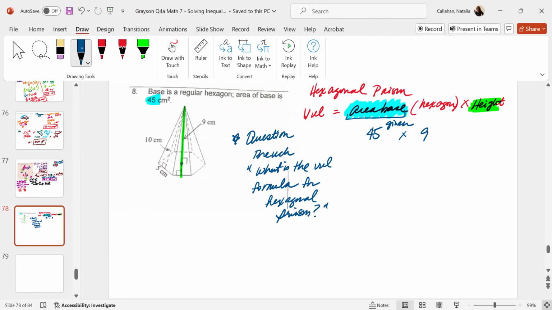Okay, ask her that. Do you want a sticky note? Okay. So then just 45 times 9. Centimeters cubed. But I feel like this is not correct, so I'm gonna go ahead and try this again.